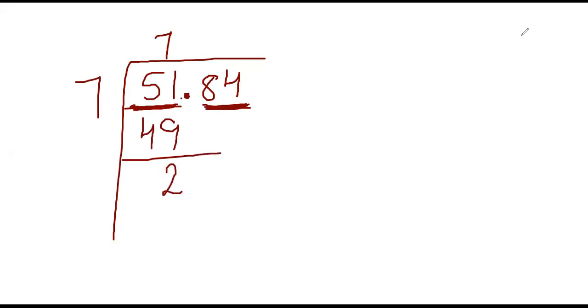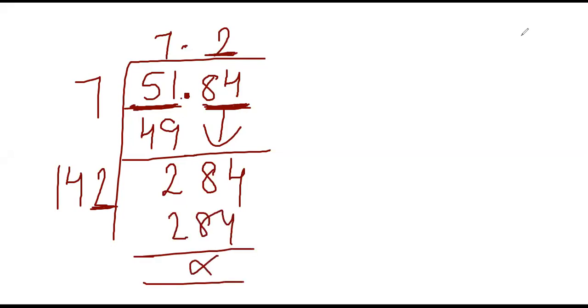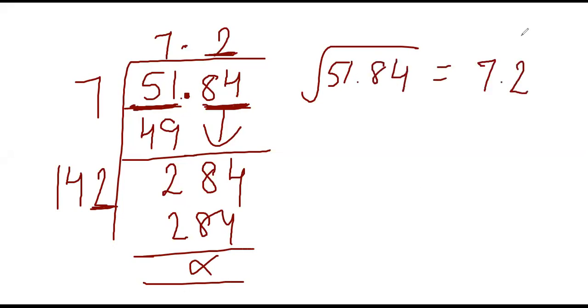Remainder 2. Then again decimal, take down 84. 7 plus 7, 14. Again you are to find this number, which will be 2. 144 twos, 142 twos are 284. So the square root of 51.84 is 7.2. Now your homework is to complete the first, second and third questions of exercise 6.4.